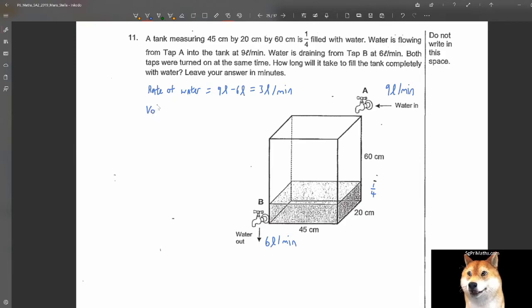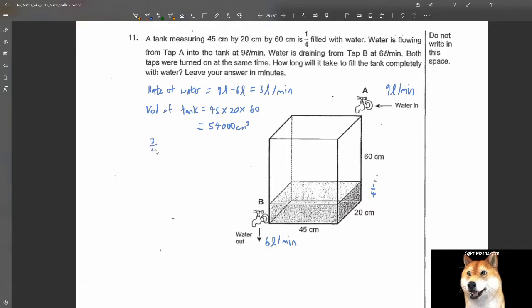So we can find the volume of the tank first, which is equal to the length times breadth times height, for 45 times 20 times 60. 45 times 20 times 60 will give us 54,000 cm cubed. Okay, then what's left for the tank to fill is 3/4.